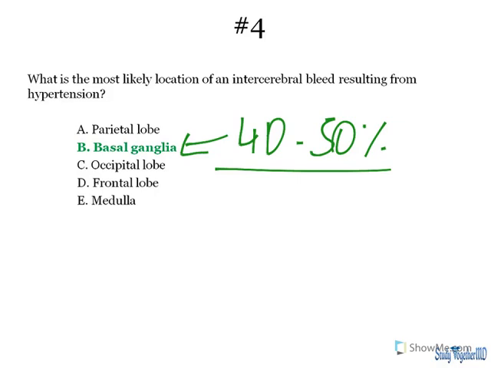Okay, the incidence of intracerebral hemorrhage increases in individuals older than 55 years. It actually doubles with each decade until the age of 80. All right, and here's something to remember as well.